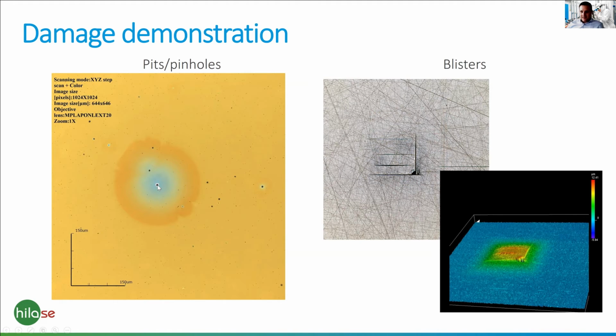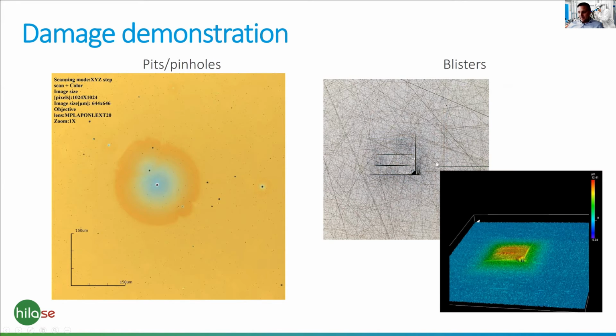Usually these defects are very absorptive, and when exposed to the laser beam, they get heated and create a small void just beneath the surface, which usually looks like this so-called pinhole.